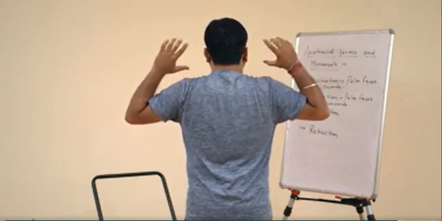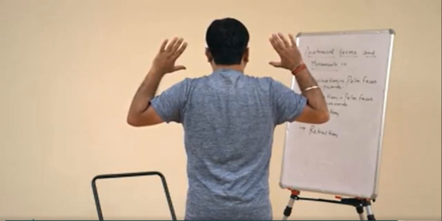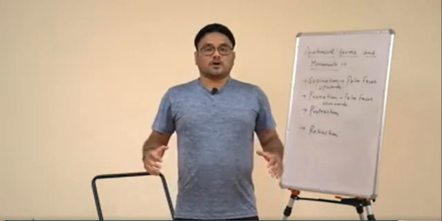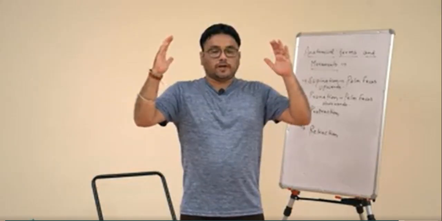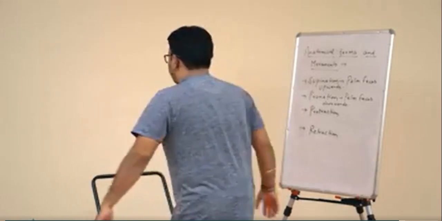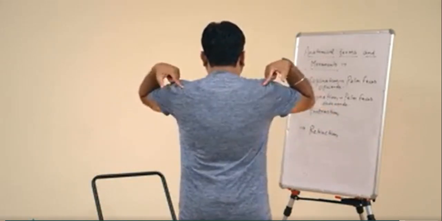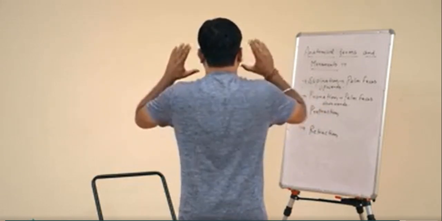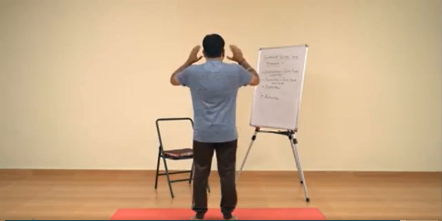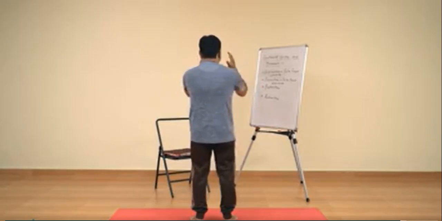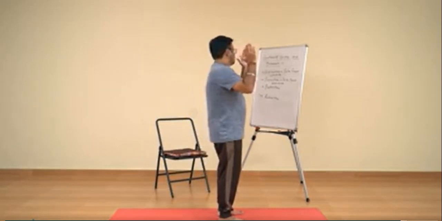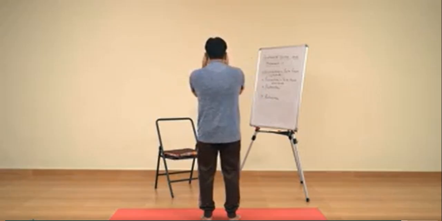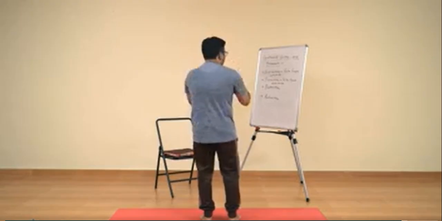A simple example: when somebody hits at your face, how do you protect yourself? When the scapula moves away from the midline, away from the spine, we also say scapular abduction. This is protraction, scapular abduction or protraction.